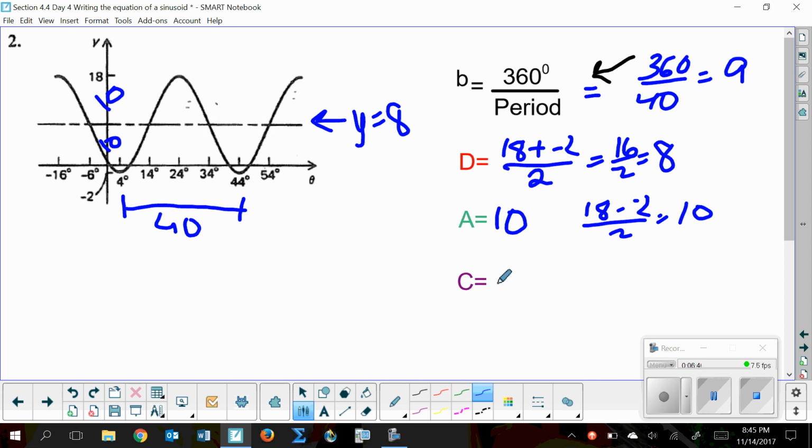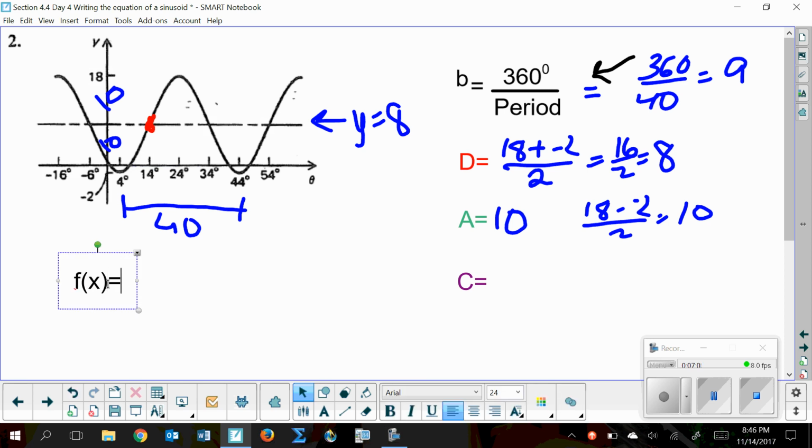Then to find your C value, you have to determine where you're starting the graph. There are a couple of different ways to do this. I sometimes look for ways to write a positive function. So I'm going to start where this red is here. Let me grab this equation. I'm going to write f of x equals, our a value we said is 10.